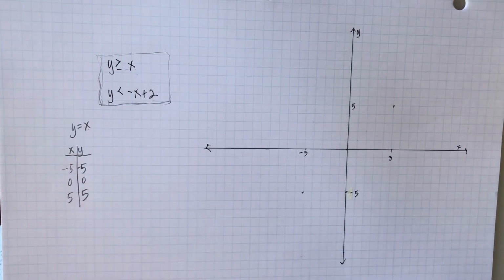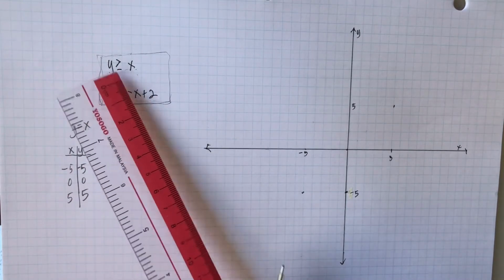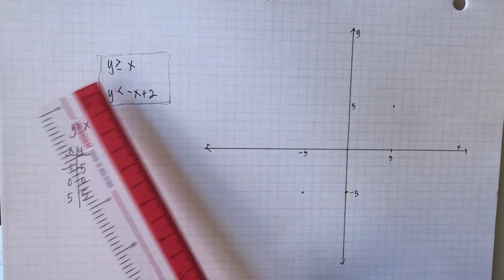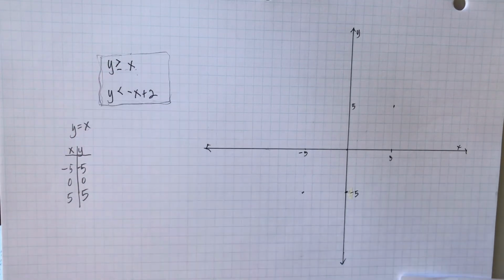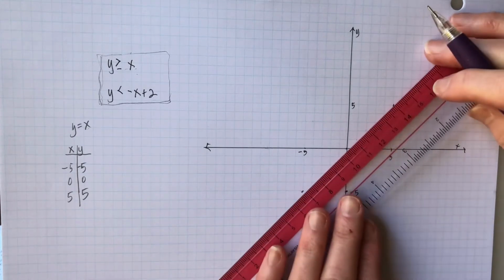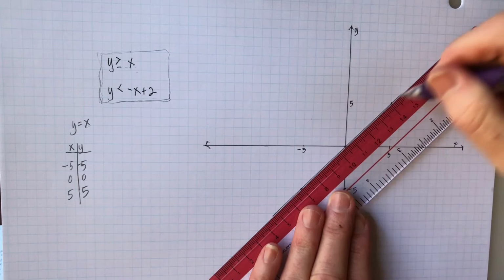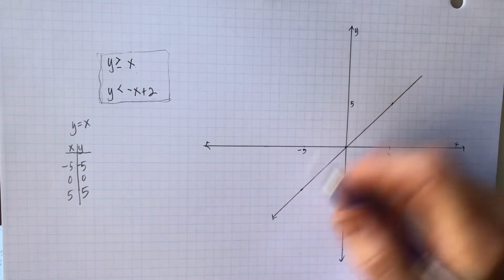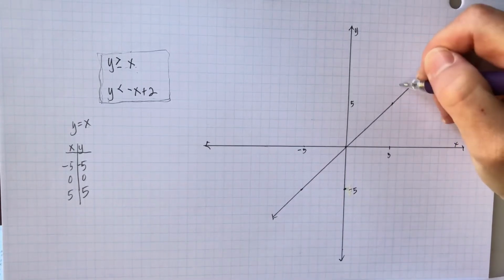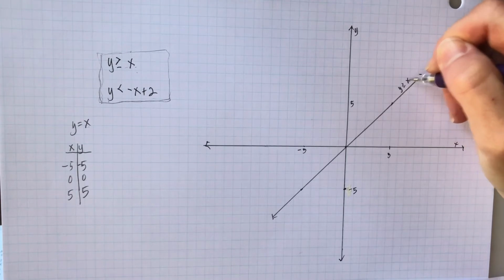Is it greater than or equal to, or is it just greater than? Well, in this case we have greater than or equal to. So we're going to have a solid line. So that's our line, y is greater than or equal to x.